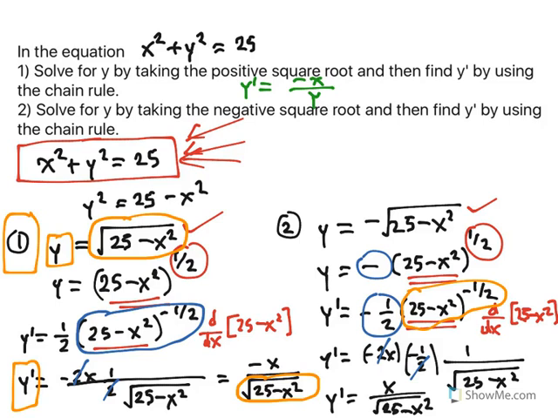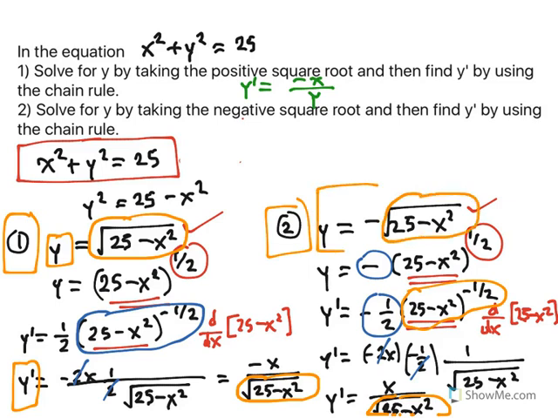And let's see what we can do for number 2. For number 2, we have y prime is equal to x over, and of course you have the square root of 25 minus x squared. And if you look at number 2 here, here's the square root of 25 minus x squared, and if you multiply both sides of this explicit relation by negative 1, that quantity, that radical expression, would be equal to negative y.